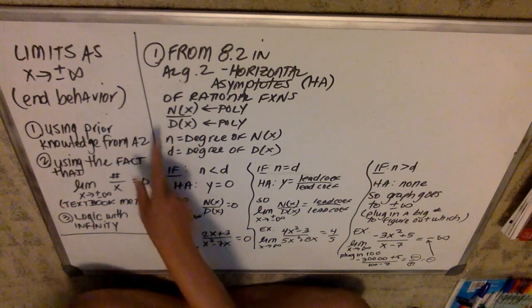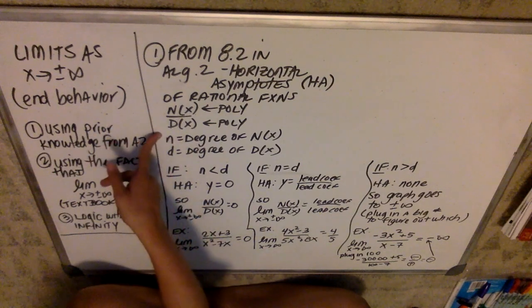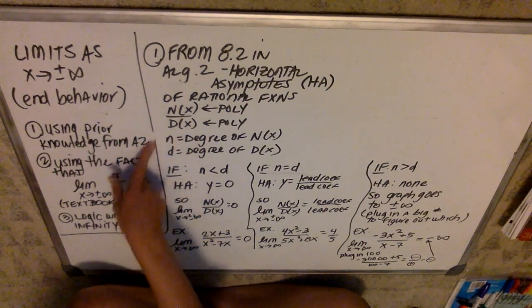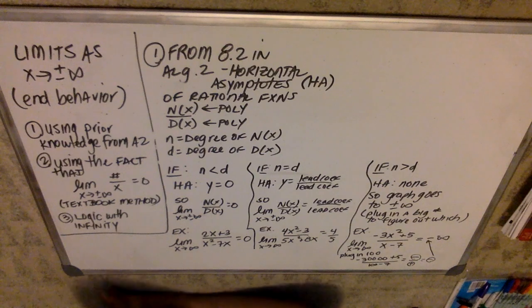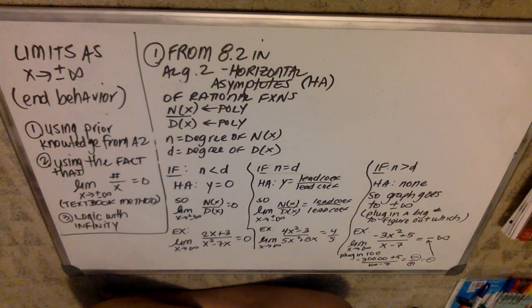Here I used n of x for the numerator polynomial and d of x for the denominator polynomial, and then little n for the degree of n of x and little d for the degree of d of x. There are basically three possibilities, and we're going to ignore the slant asymptote possibility, not because it doesn't exist, but because for our purposes, with limits as x approaches plus or minus infinity, it doesn't really matter to us if a graph has a slant asymptote.